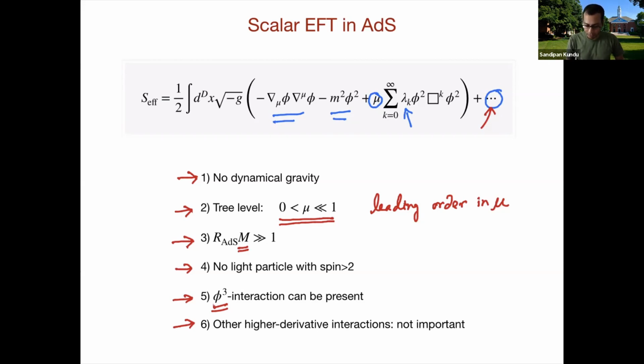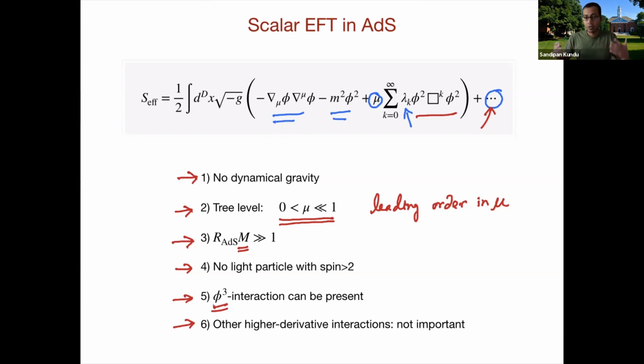Said in a different way, any four-field interaction with as many derivatives as you like can be written as a sum over this kind of phi square box K phi square interaction plus interactions which are orthogonal to it.